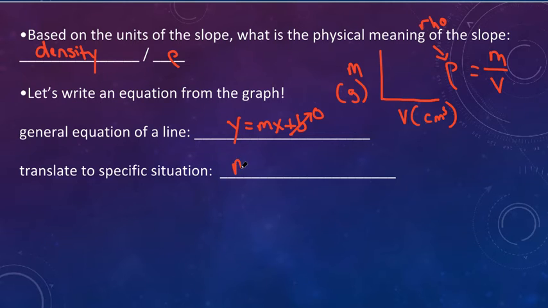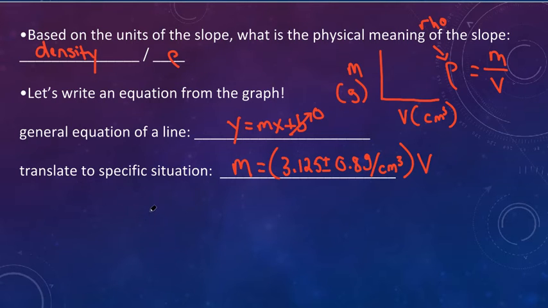Okay, so we have mass on our y-axis equals our slope, which ours was 3.125 plus or minus 0.8 grams per cubic centimeter, times volume. Now, here's the beauty of this. You can tell me any volume, let's just make it easy, 1 cubic centimeter, and then I could tell you what my mass is with the error bars, the random error.